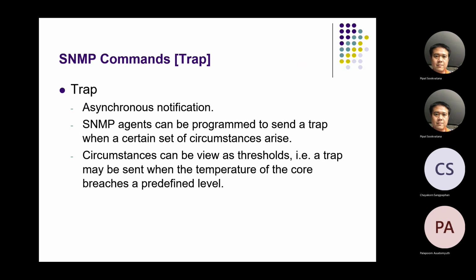If you're not doing anything, the email server will reject the incoming mail if it cannot save anything on the hard disk. So it's called the trap. Or you can set it up if the memory resource is less than 1 gig, you have to sound an alarm on the server.